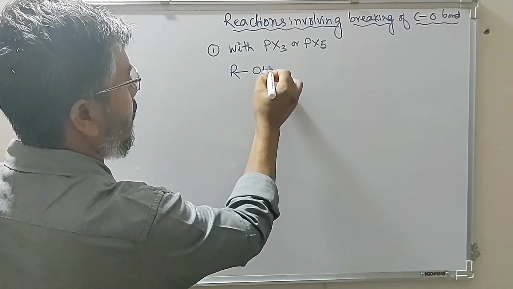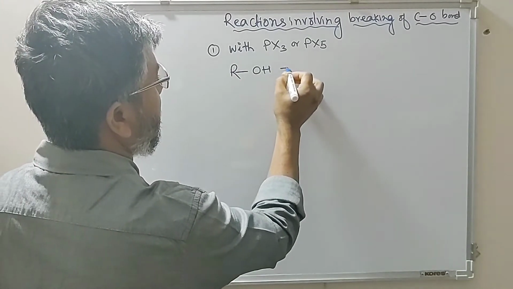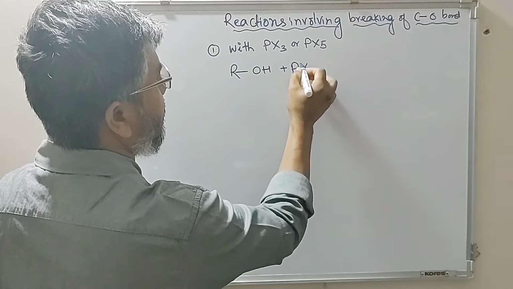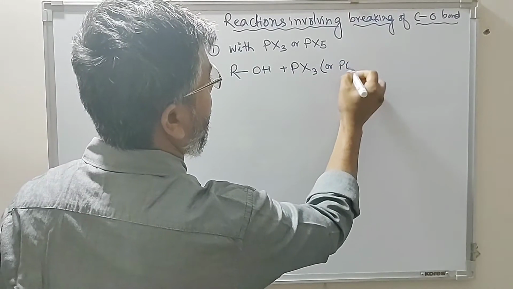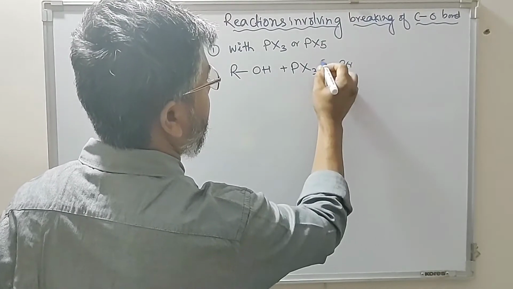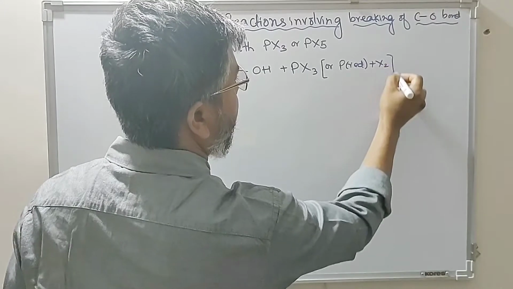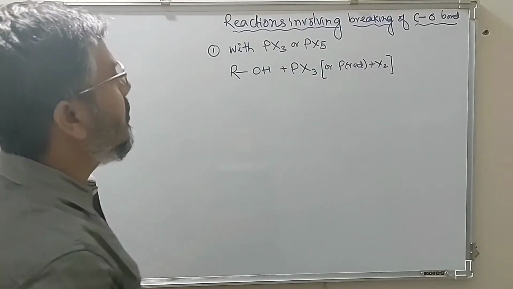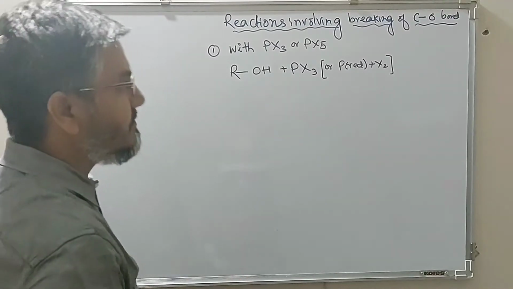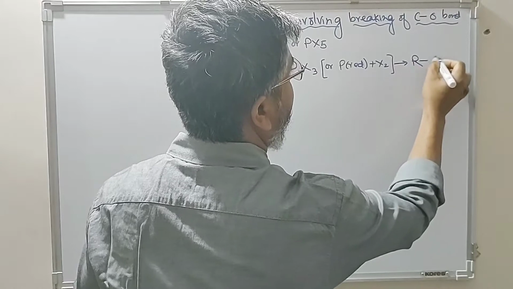This is alcohol. These alcohols react with PX3, or red phosphorus plus X2. Whether we have red phosphorus plus halogen or PX3, this gives you RX.